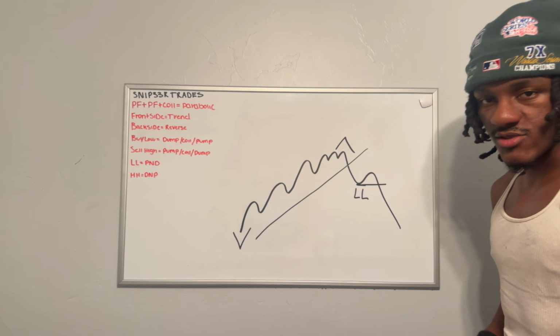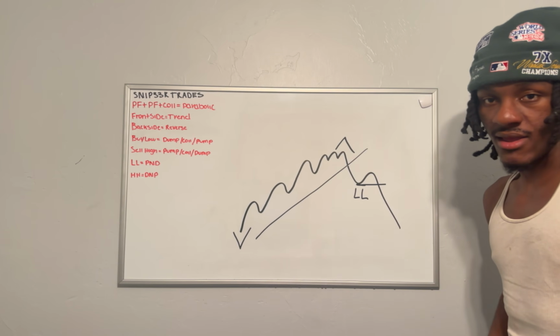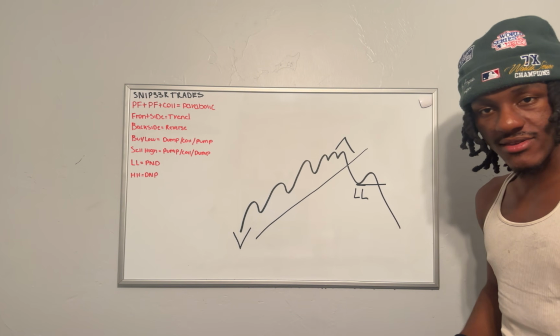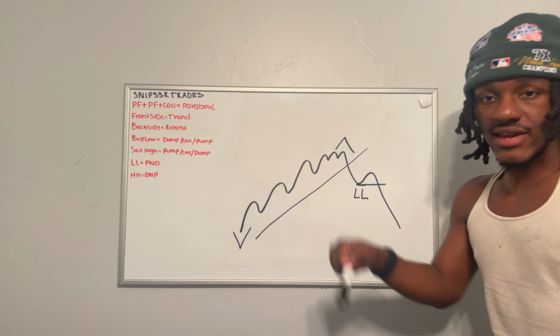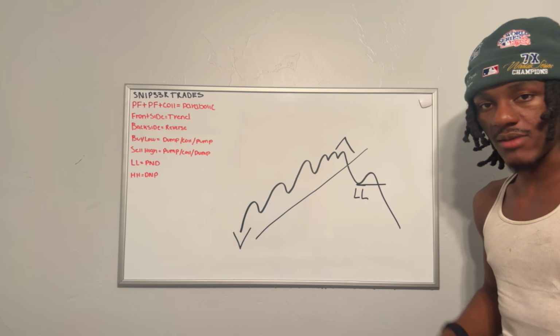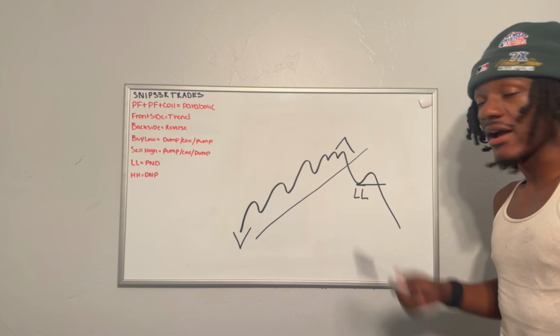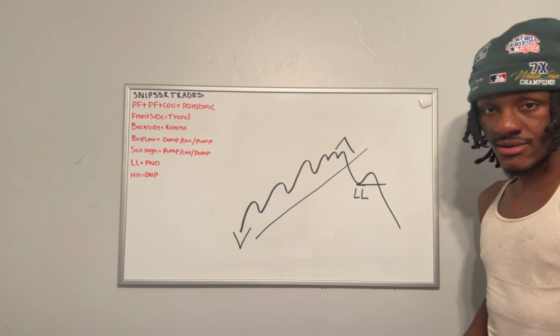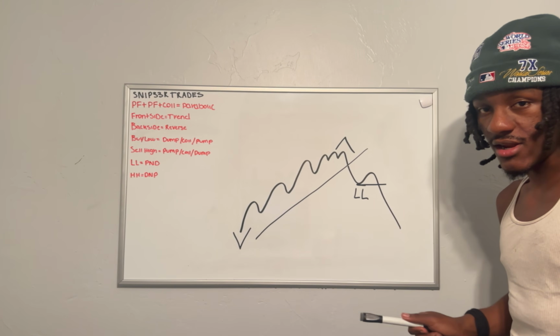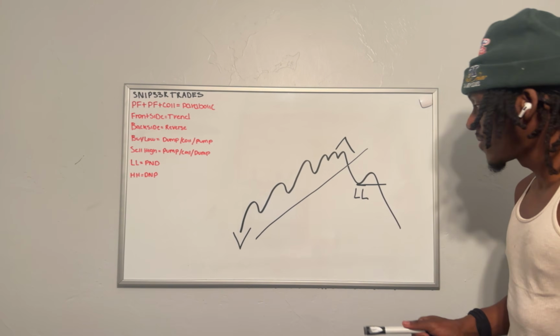Another pair that did this was EuroCAD yesterday. Same pattern. And I guarantee you, we're probably going to get the same pattern somewhere today, Thursday, or maybe even Friday, maybe even next week on Monday. I guarantee it. This 3 session setup, 3 day setup, 3 week setup, 3 month setup, 3 hour setup happens all the time.